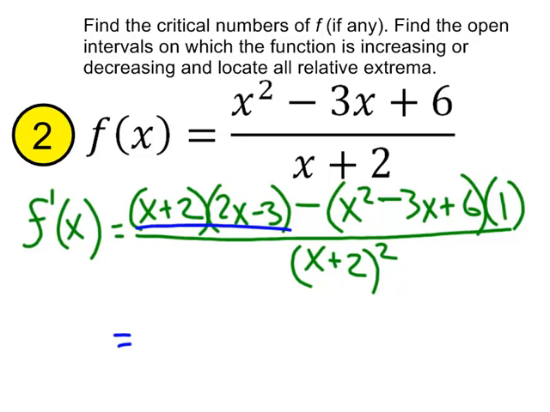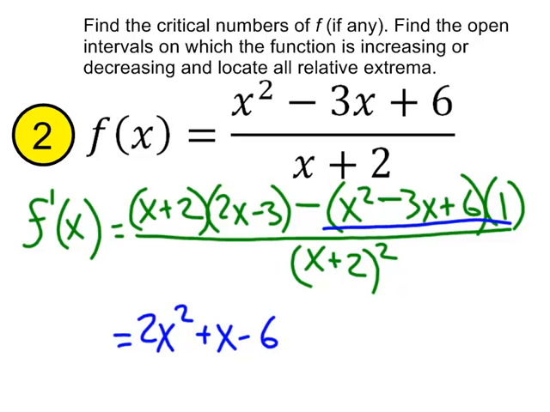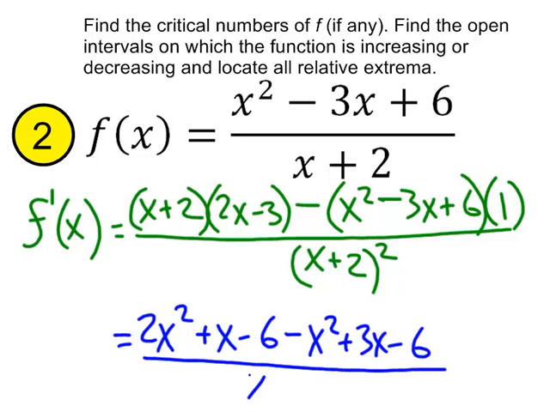So if I FOIL that out, I'll get 2x squared minus 3x plus 4x. That's going to be plus x minus 6. And then don't forget to distribute the negative on this part. So we'll get minus x squared plus 3x minus 6 all over x plus 2 squared.